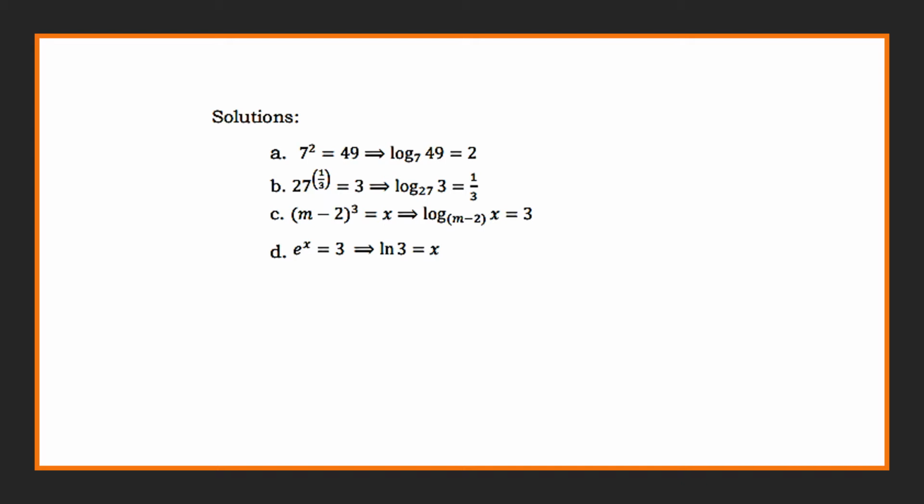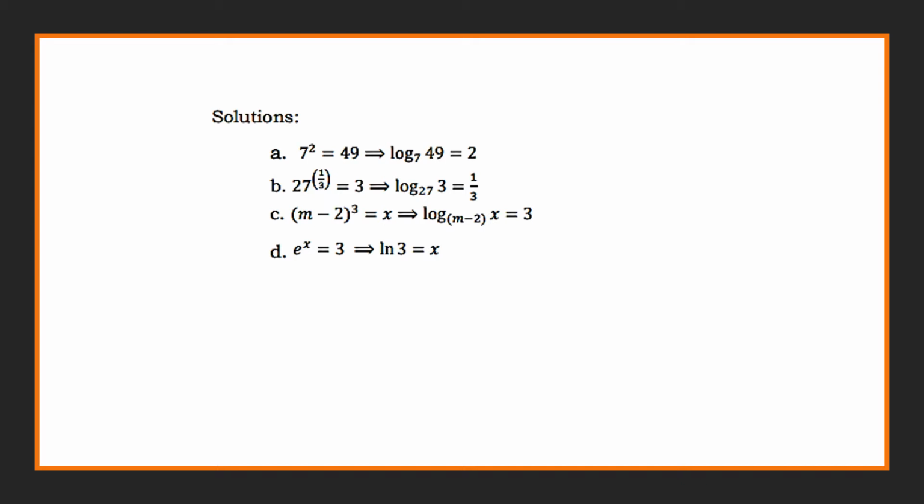What you noticed is that the exponent 2 becomes the value of the logarithm. The number 49 is our a, the number whose logarithm we take. 7 is the base. Here, 27 is the base, 1/3 is the exponent and 3 is the value.